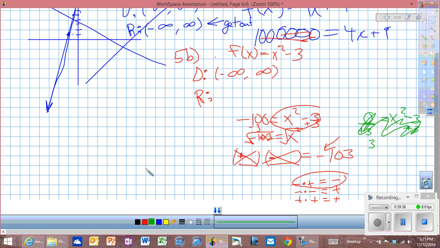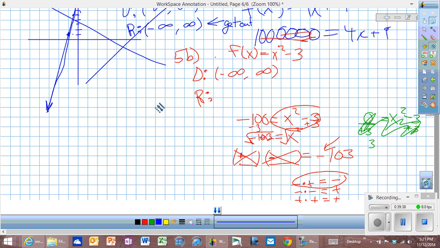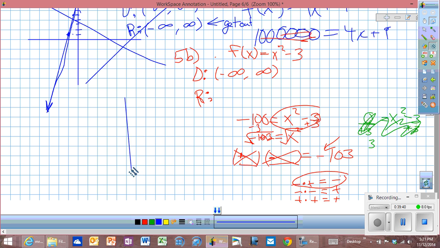Okay, let's plot some points and graph it. We can always do that. I told you that we've always been able to do that, so let's go back to what we always know how to do. I paused it there for a second in case you guys are wondering. I'm going to make an XY table. Okay, X's and Y's. Anytime I do my x's and y's, I know I have x squared minus 3.